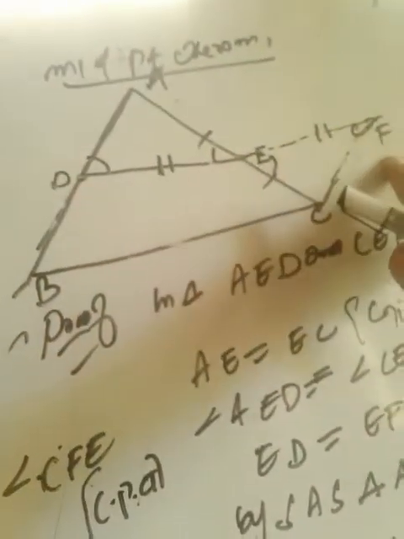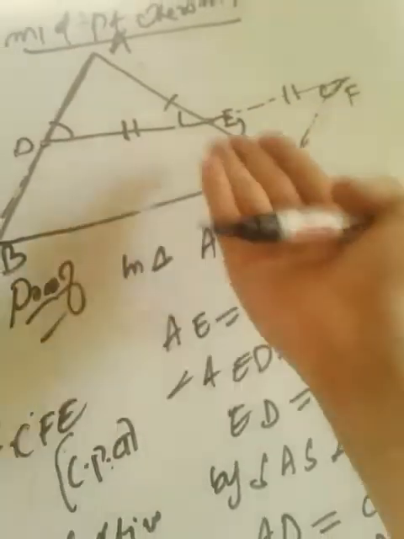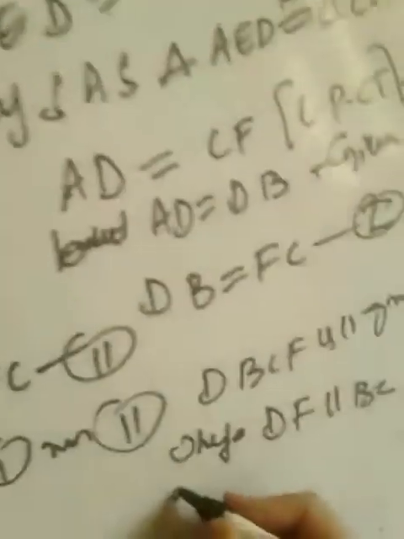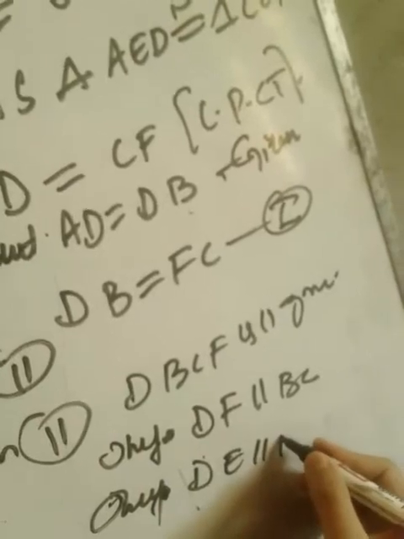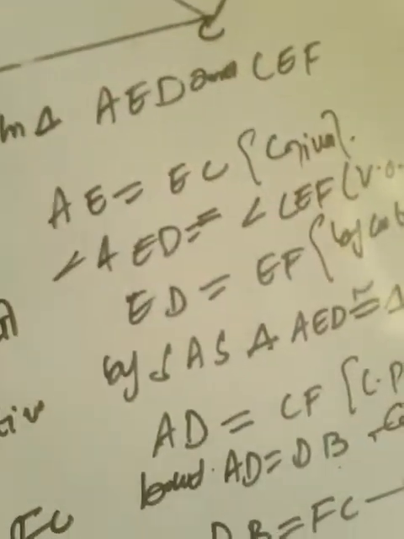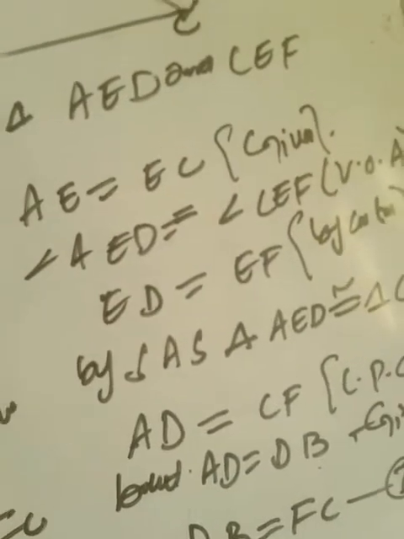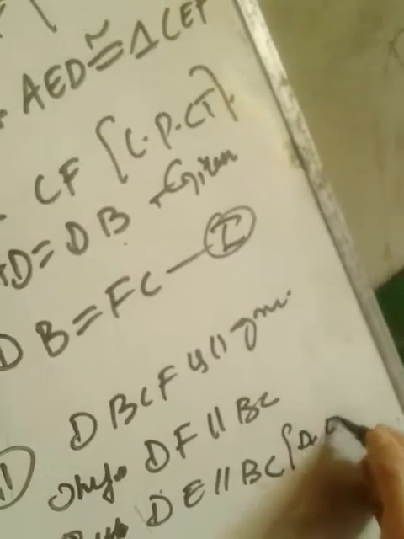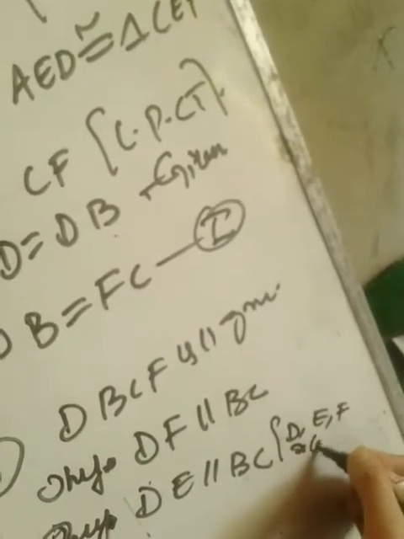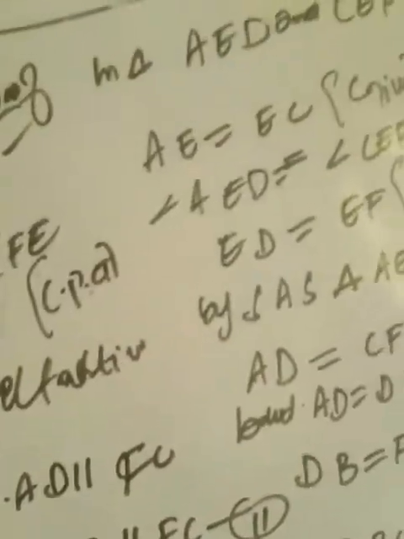If DF is parallel to BC, then DE is parallel to BC, because D, E, F are collinear points and lie on the same line. If the whole line is parallel, its part will also be parallel.